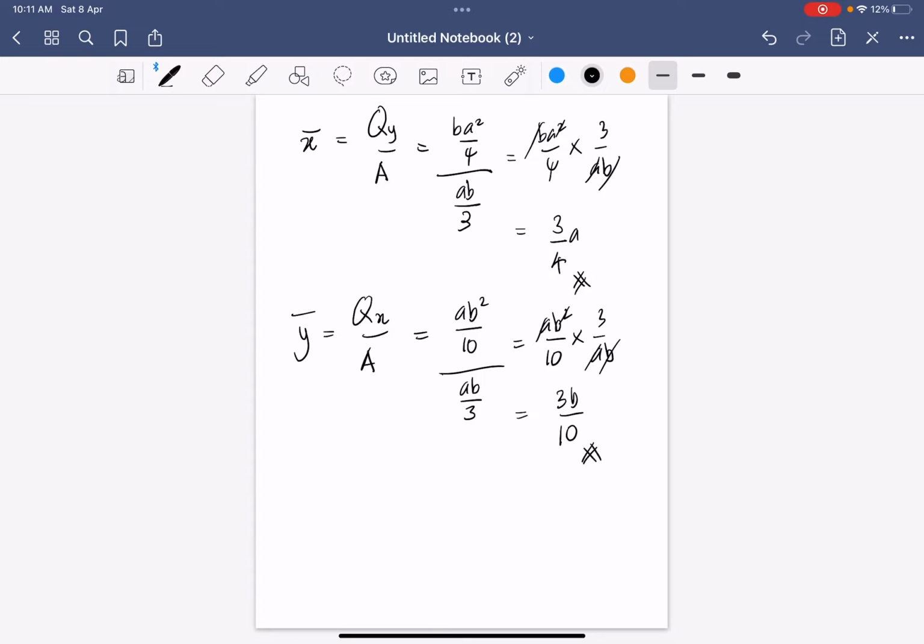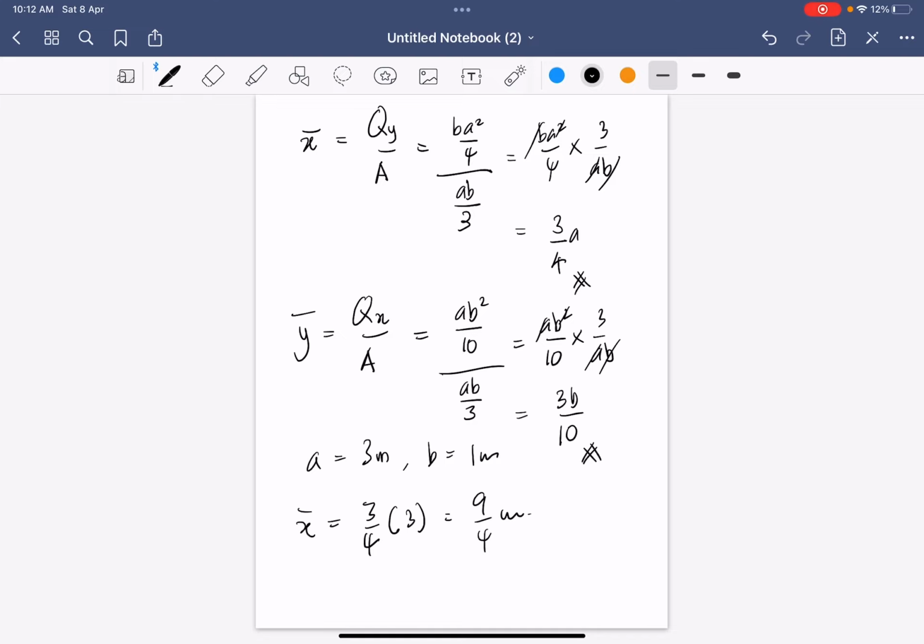Okay, so let's say you have a value of a equal to 1 meter, b equal to 3 meters, let's say. Sorry, a good number: a equal to 3 meters, b equal to 1 meter. Actually, you can get the centroid of the parabolic spandrel. So 3 over 4 times a, which is 3 meters, gives 9 over 4.